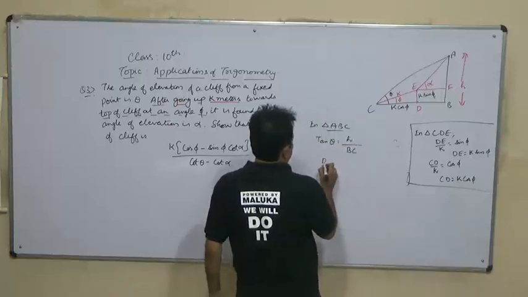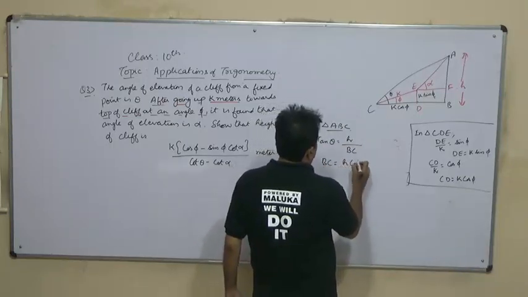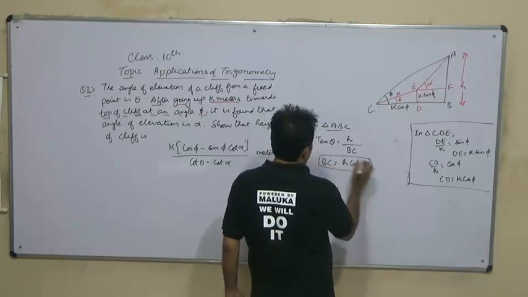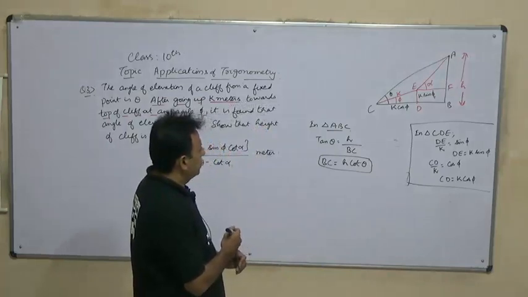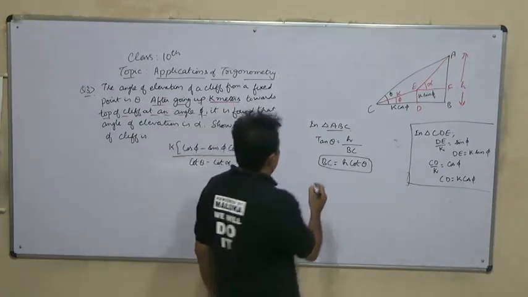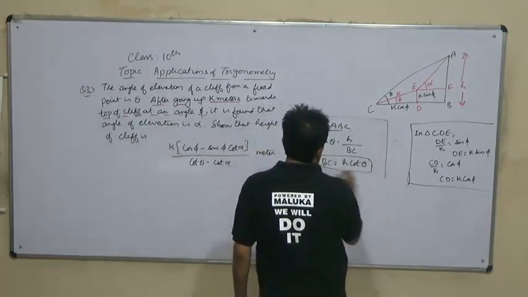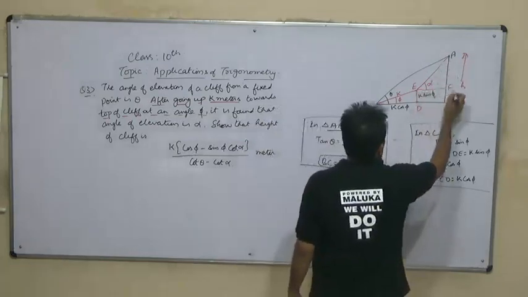Now from here BC is equal to H cot theta. We find BC is equal to H cot theta. Now we move to the third triangle, that is triangle AEF.